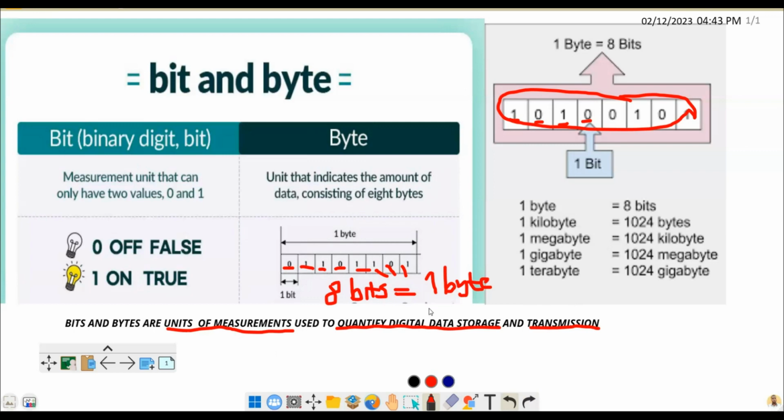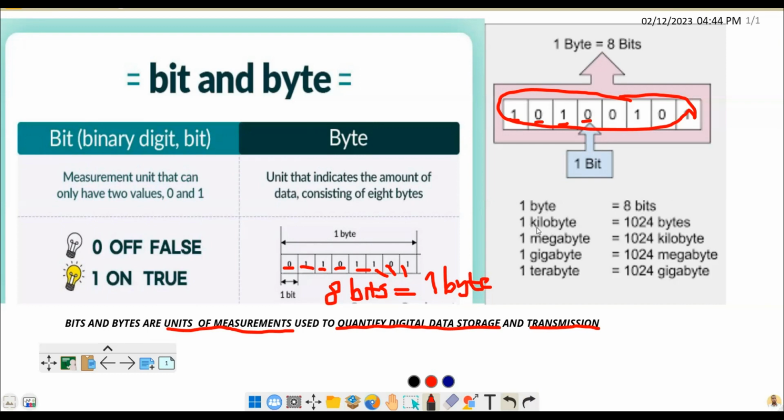The other important thing before we end: we've said that bits and bytes are units of measurement used to quantify digital data storage and transmission. And we have seen the different measurements. 1 byte is equal to 8 bits, and what about 1 kilobyte?